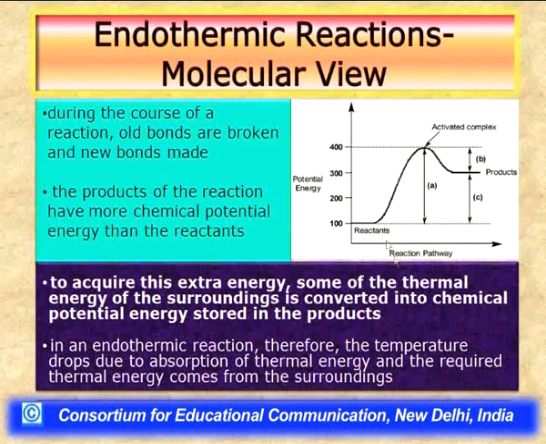So, when in a reaction the reactants transform to products which have higher potential energy, the kinetic energy of the constituent chemical species within the reaction system has been utilized to store them in the form of the potential energy of the products.